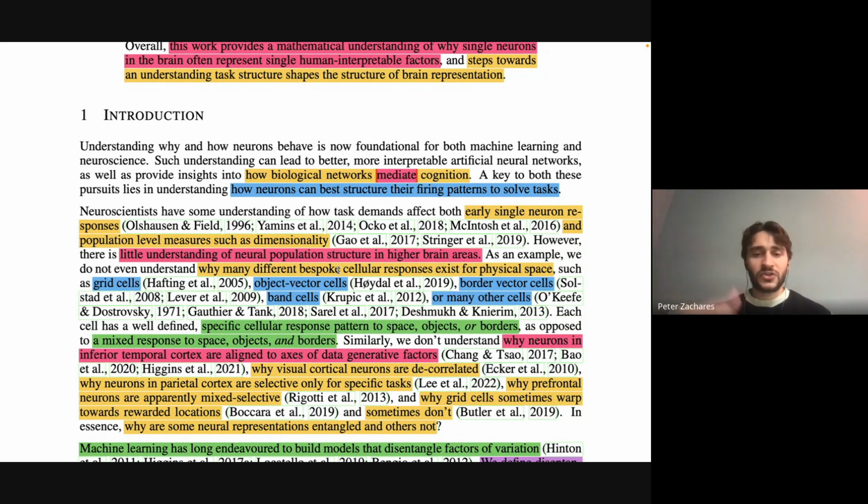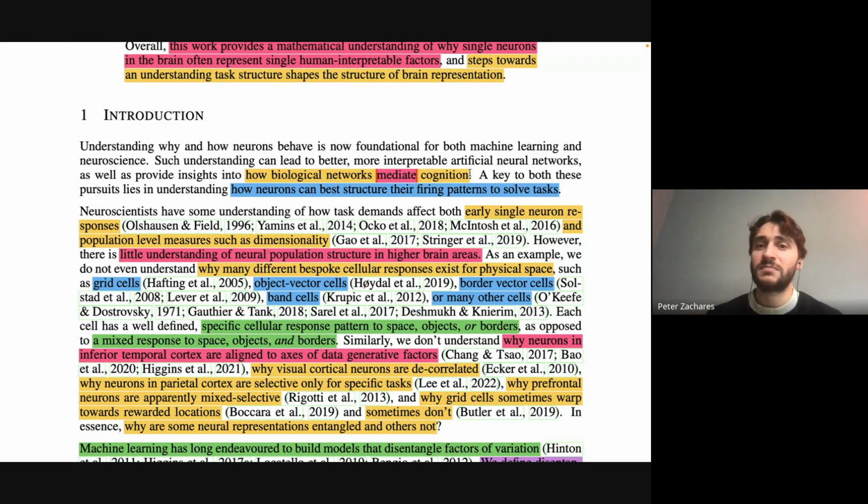So for the introduction, one thing I'll say is that these authors are definitely more in the field of neuroscience than in ML because they use a lot of terminology that's specific to neuroscience, and it makes the paper a little bit harder to understand. Like they say over here, such understandings can lead to better, more interpretable artificial neural networks, as well as provide insights into how biological networks mediate cognition.